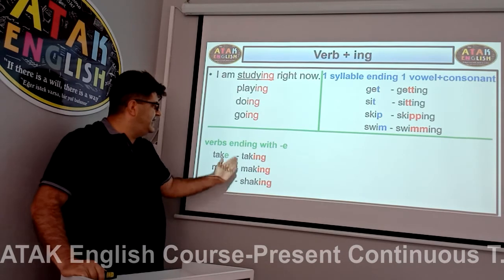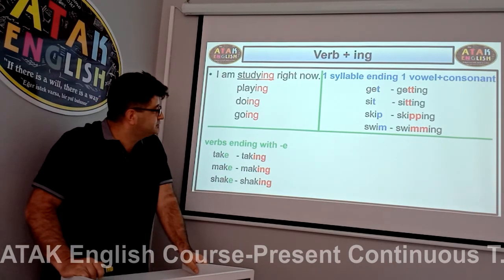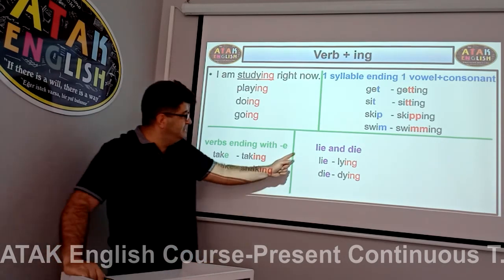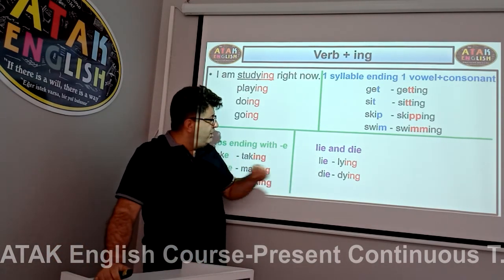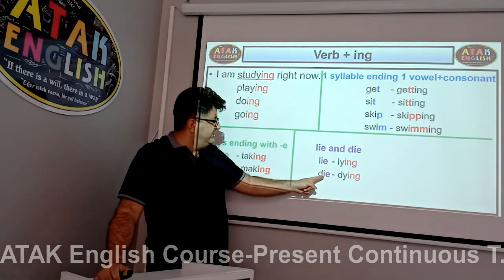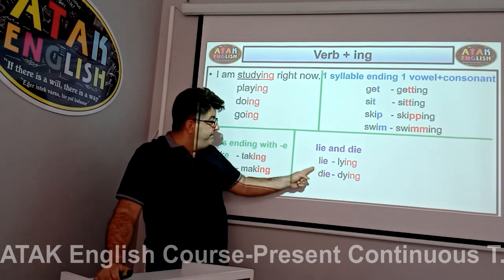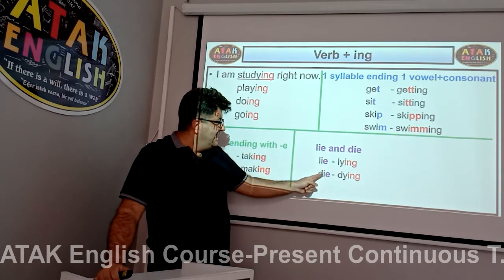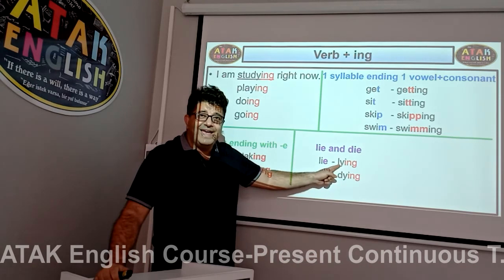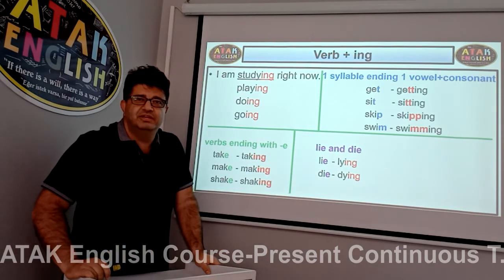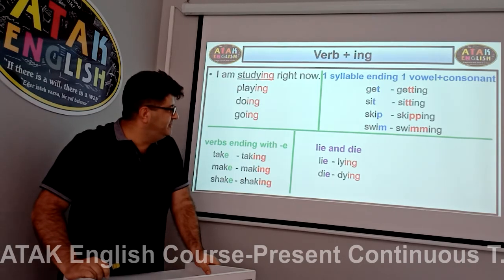E falls down and ing comes. Next, lie and die. These two verbs also end with E, but this time, IE becomes Y, and then we put ing. These are different. We can also say exceptions.